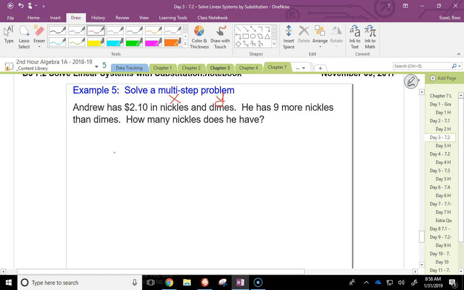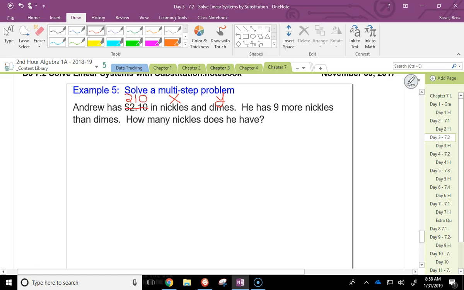Now, I'm going to change $2.10 into cents, because that will be easier. I don't want to mess with the decimal. How many cents is $2.10? 210. So he has 210 cents.